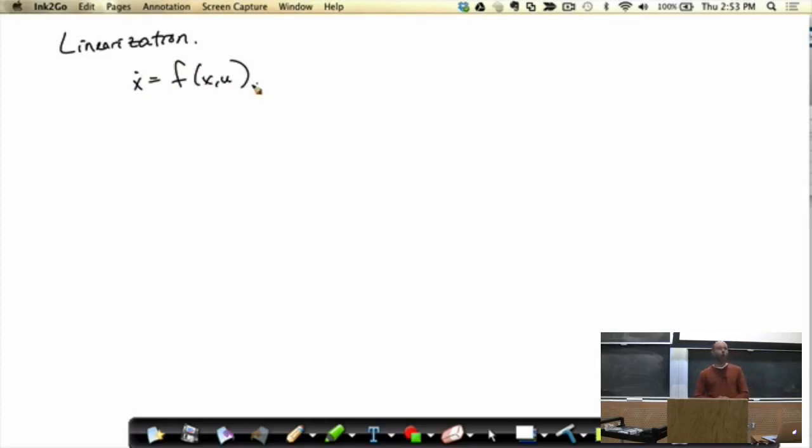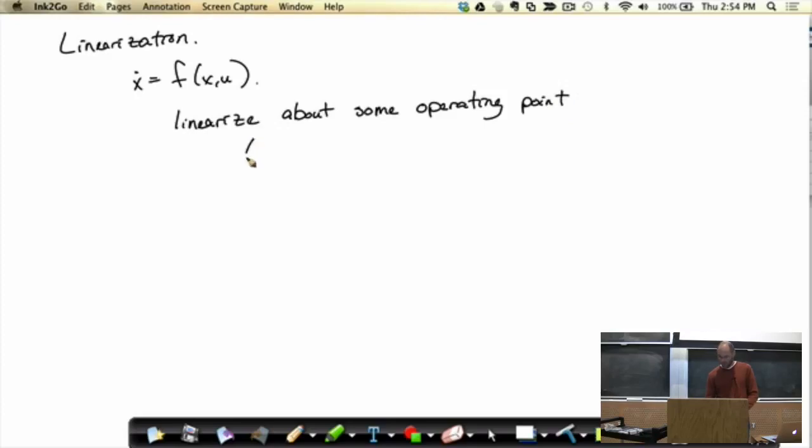And my goal in the linearization is to approximate this as a simpler system in the vicinity of some operating point. So I'm going to linearize about some place in the state and action space. Let's call it x naught, u naught. Okay?